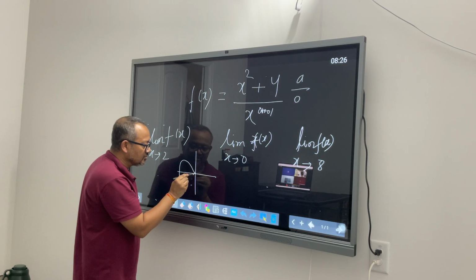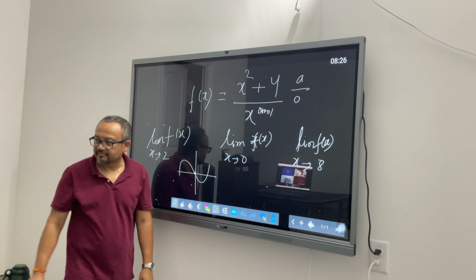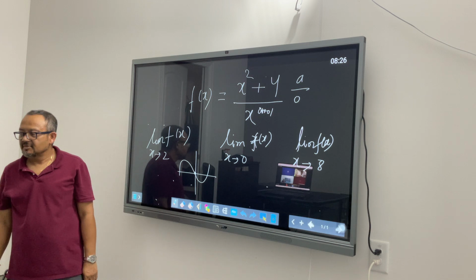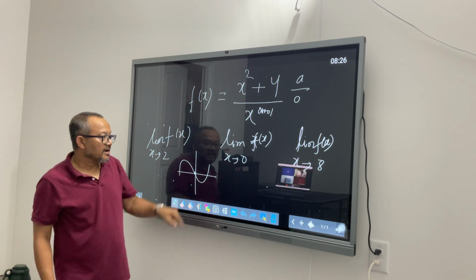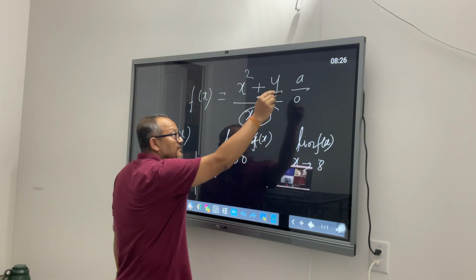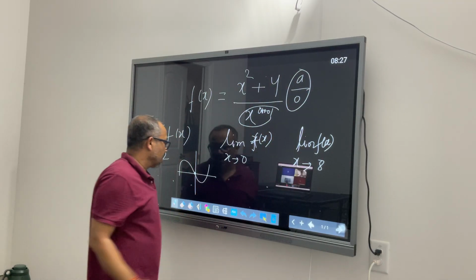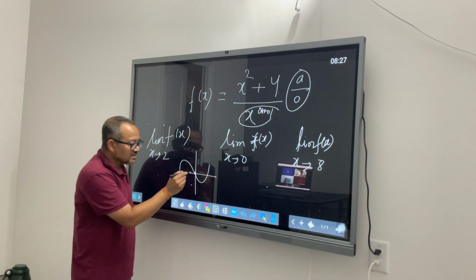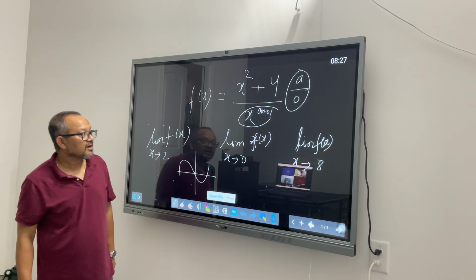Otherwise, things were looking okay. So here, I'm just going by what happens to my denominator. If I'm looking at this kind of scenario, I know this becomes discontinuous at this point.